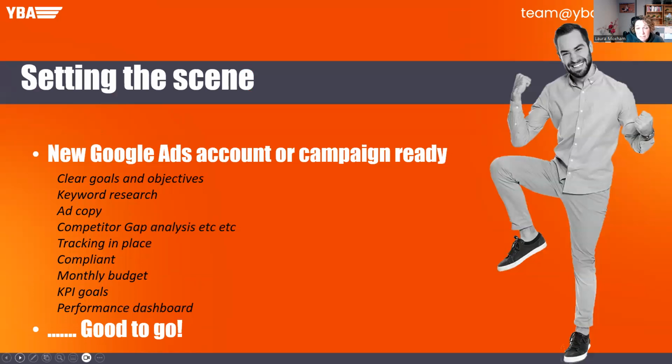Also, we will have done some keyword analysis and keyword research to look at what kind of keywords we want to be bidding on for the campaigns or the account that you're looking to launch.